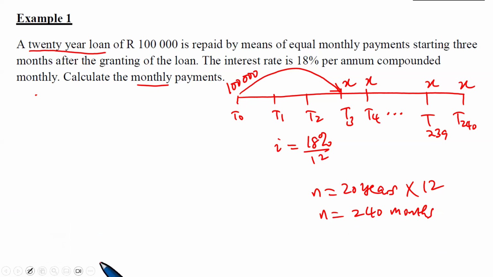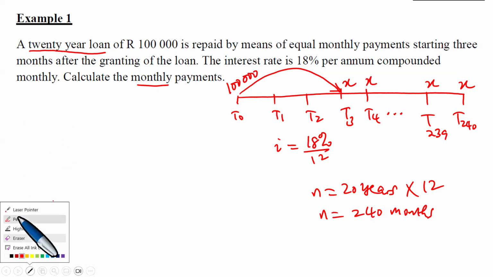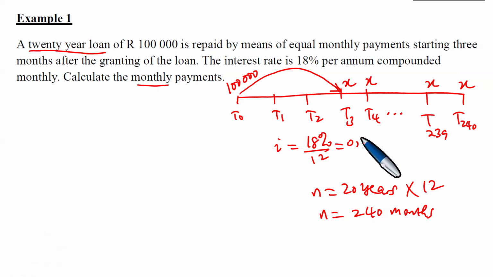Okay, good. So now we're able to say, what then is the monthly interest rate? It is 0.18 divided by 12, which is 0.015.